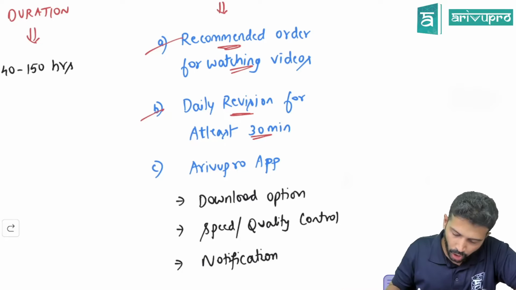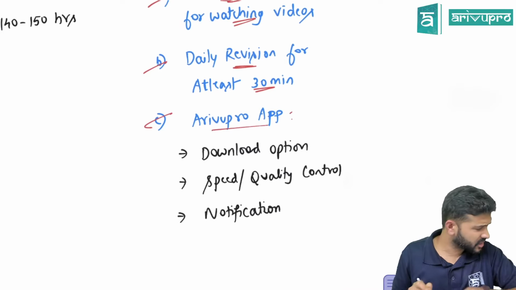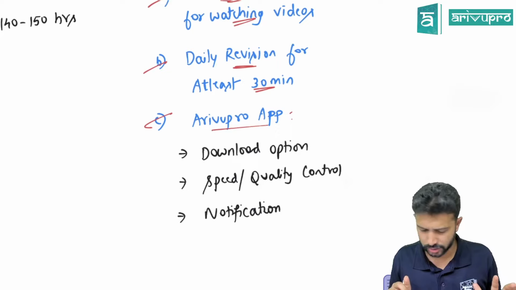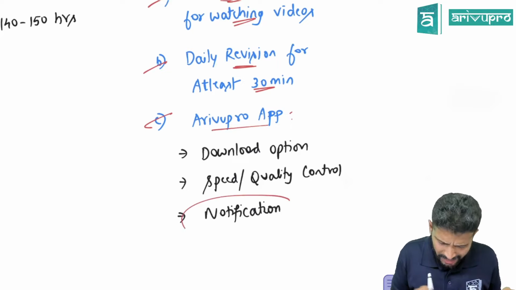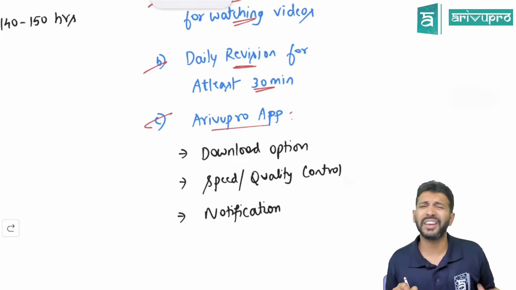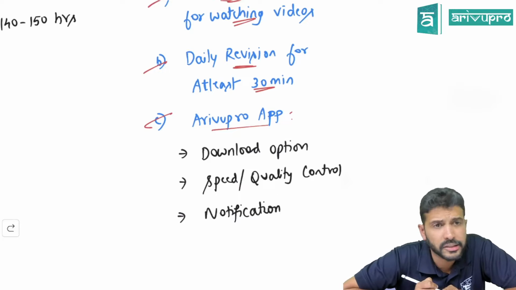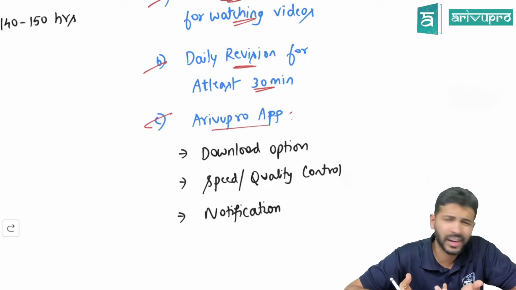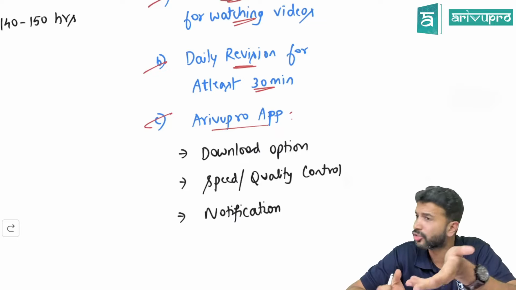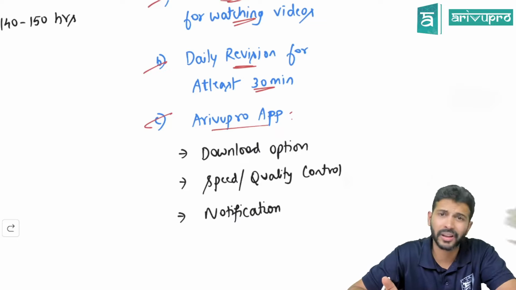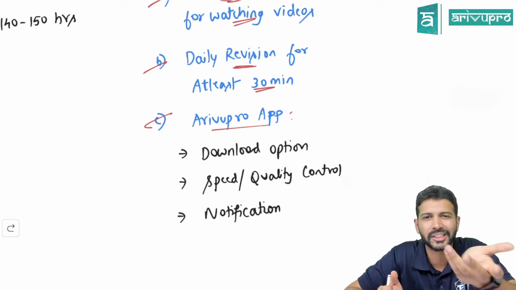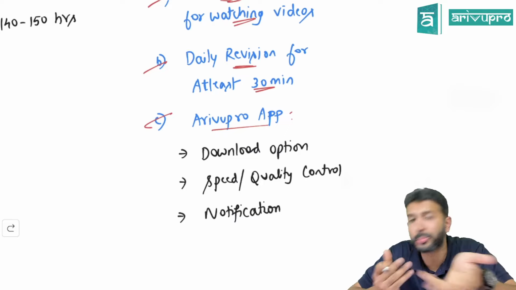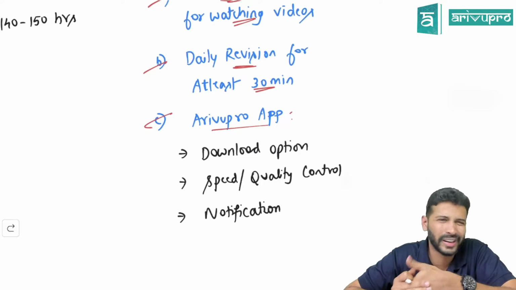Then the last add-on is please download our app. The main reason I'm asking is the notifications. If there are some amendments or any changes, to be very honest with you, there are close to 1,000 students now. Can we call each of them and say, this has changed, that has changed? Quite difficult, right?